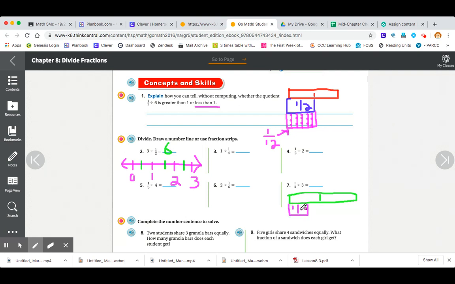And I'm going to divide that 1/4 up into 3 pieces. I'm going to divide that up into 3 groups. 1, 2, 3. So therefore, each one of those pieces is even smaller. We have 1/12 there.